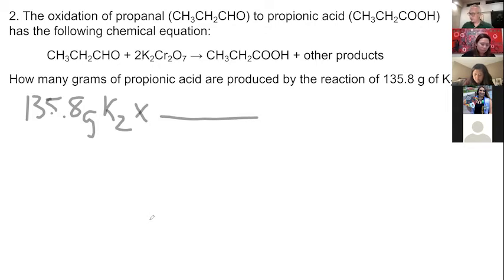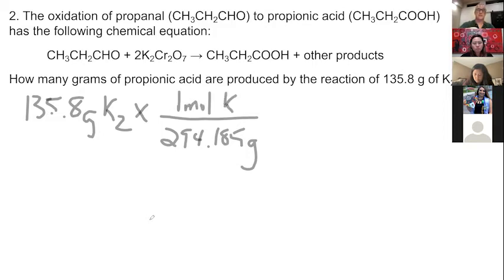So the molar mass of the potassium salt is 294.185 grams per mole of the potassium salt. So this way I can cancel grams of potassium salt. That goes away. And now I'm left with moles of the potassium salt. So far, so good. That's the first thing I've done.